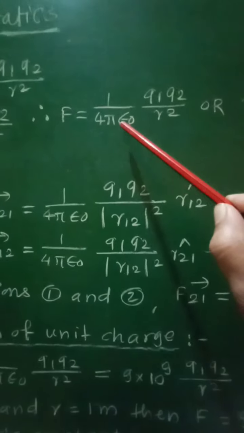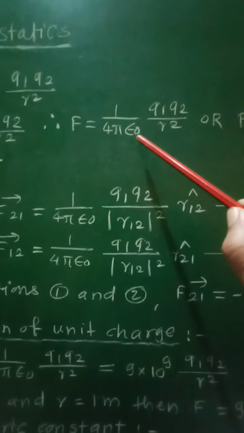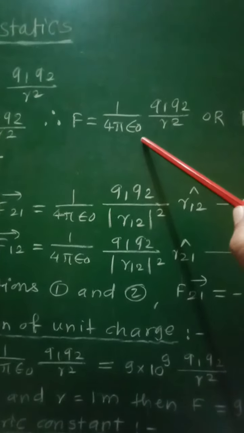So in these two equations, epsilon 0 will represent the permittivity of free space or vacuum, and this epsilon will represent the permittivity of that medium other than free space or vacuum.